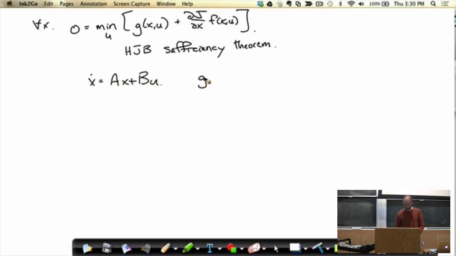And if my cost is like this, okay? I'm affine in u, and I'm quadratic in u here. And this is the very famous problem, which you might have derived before, you might have even used it on your robots before. This is the linear quadratic regulator problem.